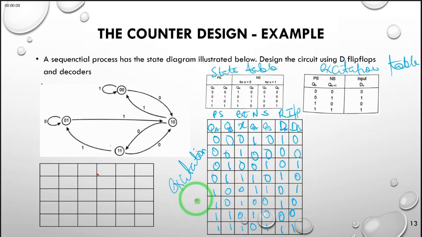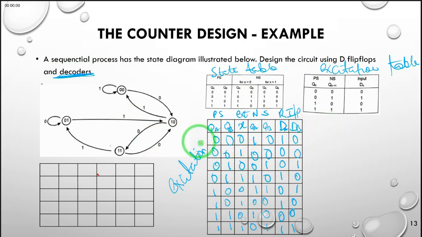And now the only thing that we are yet to implement is our combinational logic circuit that we need in order to finalize our sequential design. And there is something that we have an advantage: we are told to implement it using the decoder. What we know is that the decoder implements minterms.